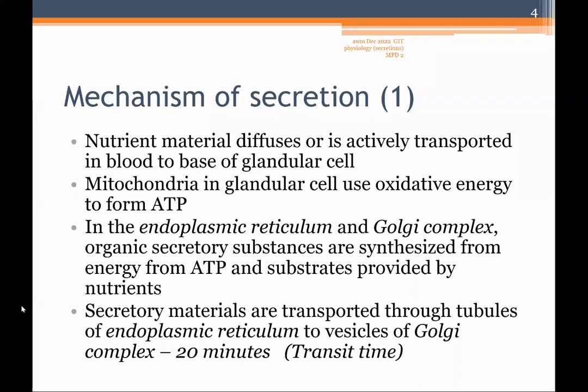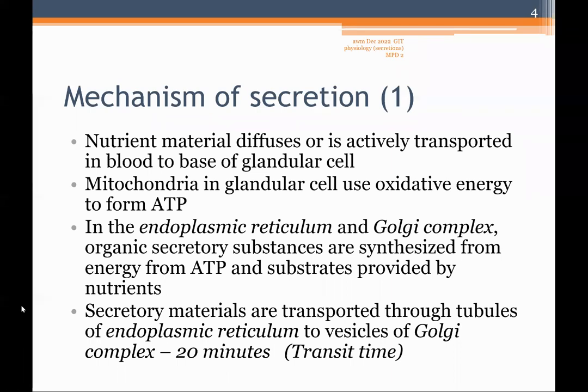The mitochondria then use oxidative energy to form ATP. And in the endoplasmic reticulum and the Golgi complex, the secretory substances are synthesized from energy from ATP and the substrates provided by the nutrients. Okay.